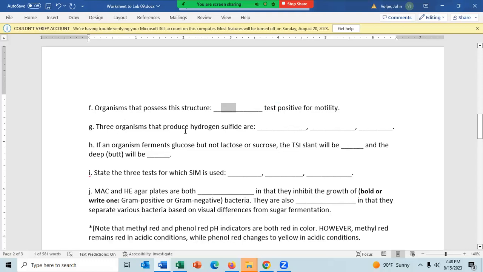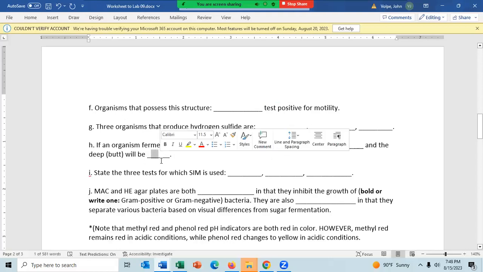G, three organisms that produce hydrogen sulfide are, name three species that produce hydrogen sulfide. H, if an organism ferments glucose but not lactose or sucrose, the TSI slant will be what color for the slant, and the butt will be what color? And for I, the three tests for SIM is what?